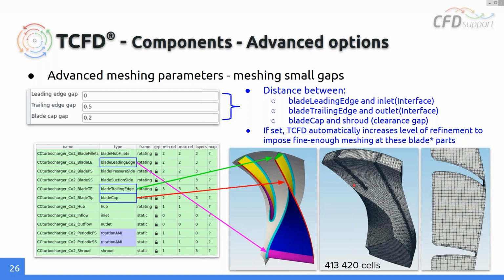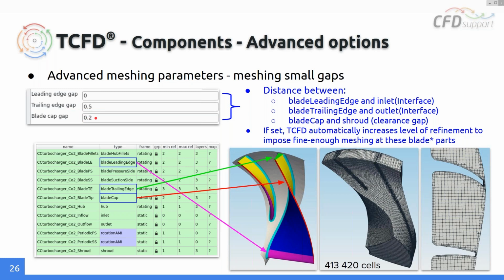The first and easiest option is to have the geometry split, or the blade split, into the leading edge, trailing edge, suction side, pressure side, blade cap, and so on, parts of the blade, which we can set as a type following their meaning, and then prescribe the blade cap gap in meters or in millimeters, depending on the input dimensions.